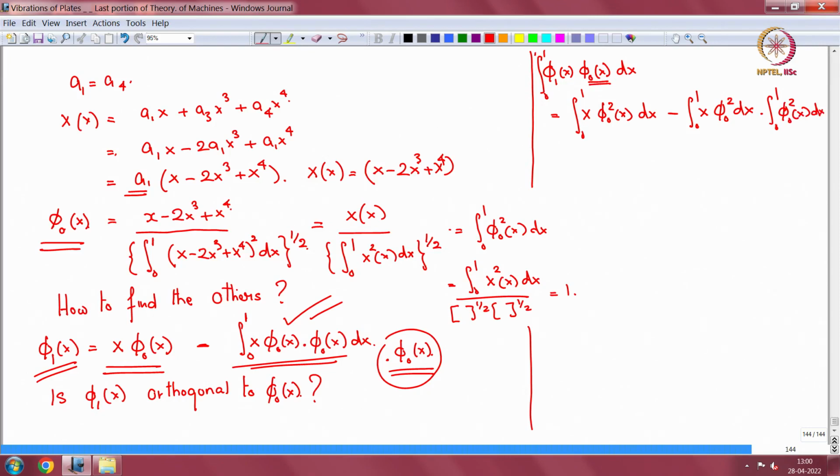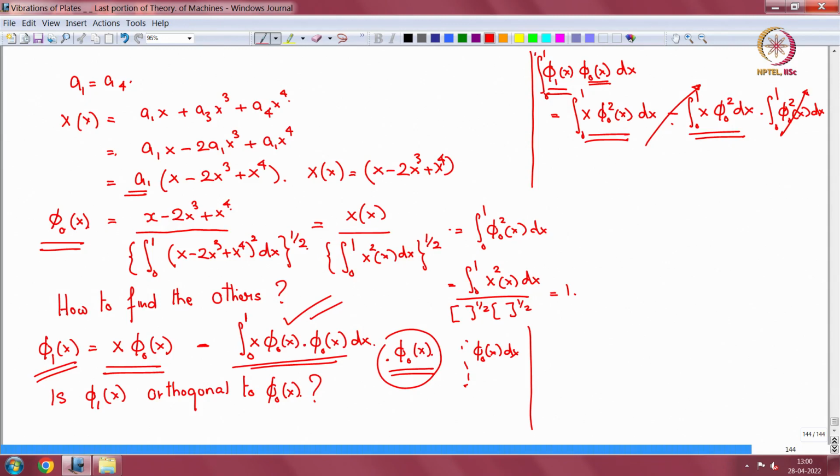I just multiplied this equation by phi 0 of x dx and integrated. That is all I did. So, what happens? This is already 1. So, what do I have? x phi 0 square dx, x phi 0 square dx with a minus. So, this is 0. That means phi 1 and phi 0 are orthogonal.